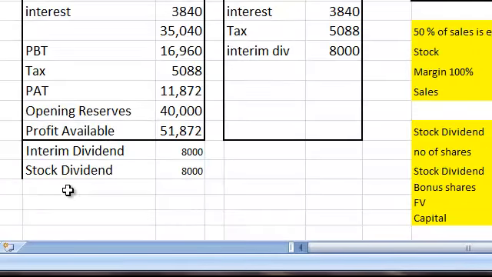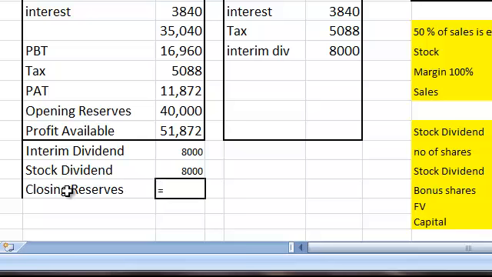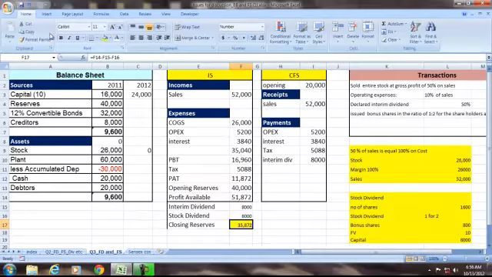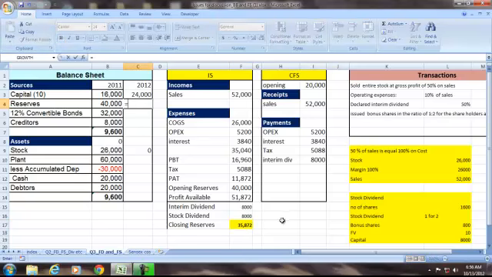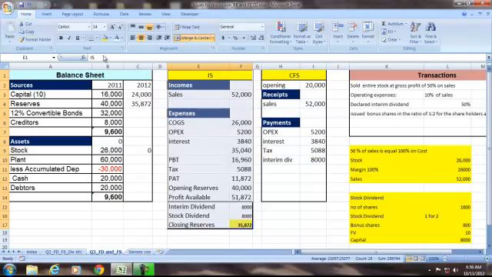So the reserves available at the end, the closing reserves, is equal to 51,000 minus 8,000, and the closing reserve will be transferred to the balance sheet. So the income statement is done.